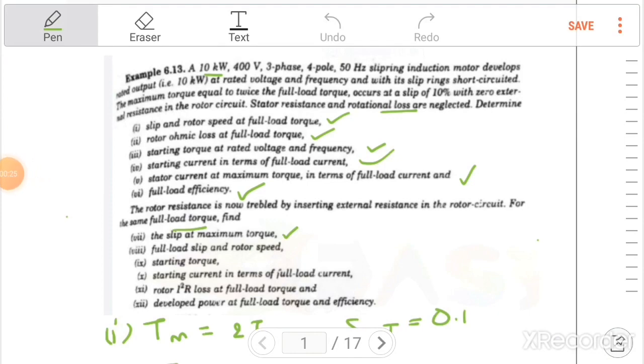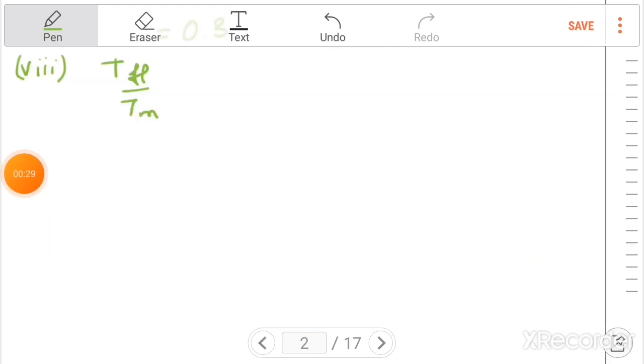In next part, full load slip and rotor speed is asked. In this case, torque at full load is given constant, and also torque at maximum condition is equal to 2 times of full load.